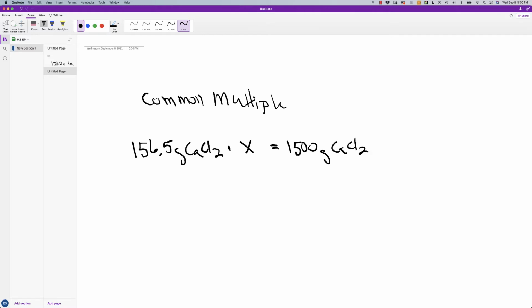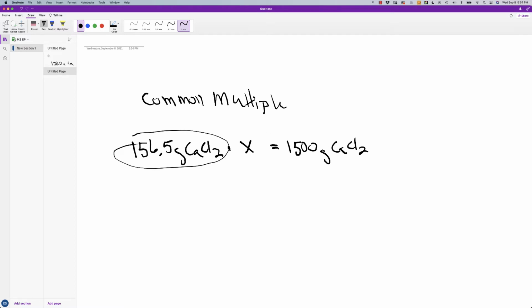Remember, because of conservation of ratio of elements within this mixture, the ratio is going to be the same. And because of that, we can find a multiple that would bring this up to 1,500 and then use that multiple for the individual elements. So this is just basic math.